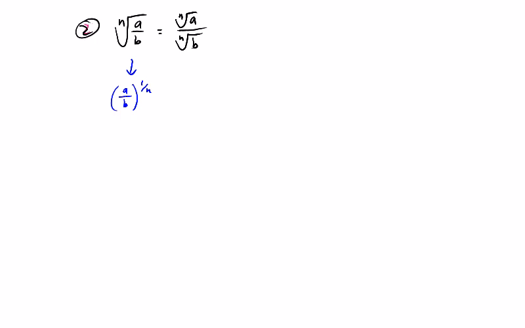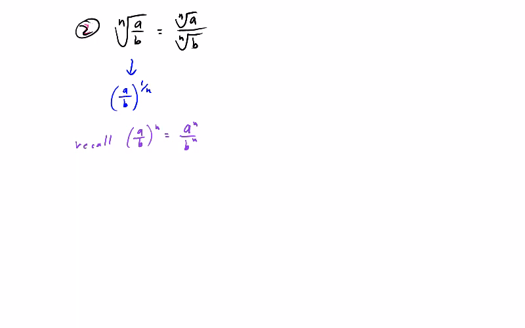And we should recall that we had a rule that said if I had a over b to the nth power, we could say that that must be a to the n over b to the n. And that makes sense if we have n factors of the ratio a to b. Then that means we would have to have n factors of a divided by n factors of b.